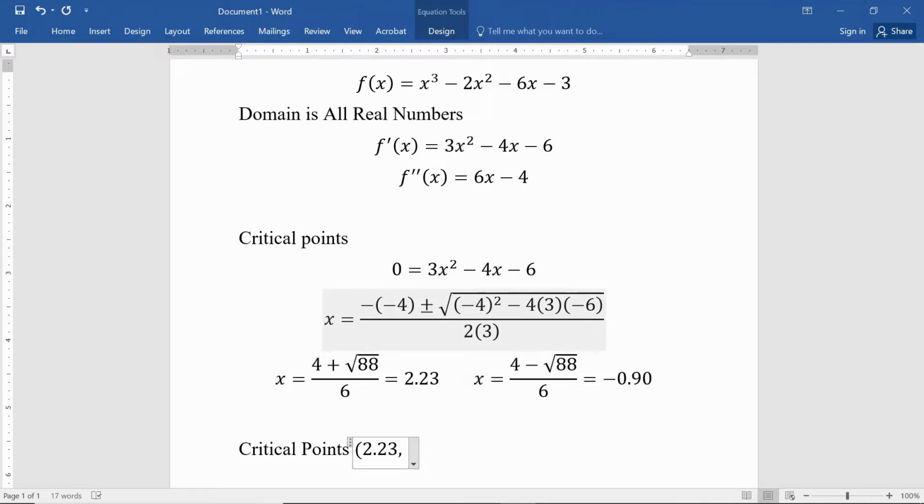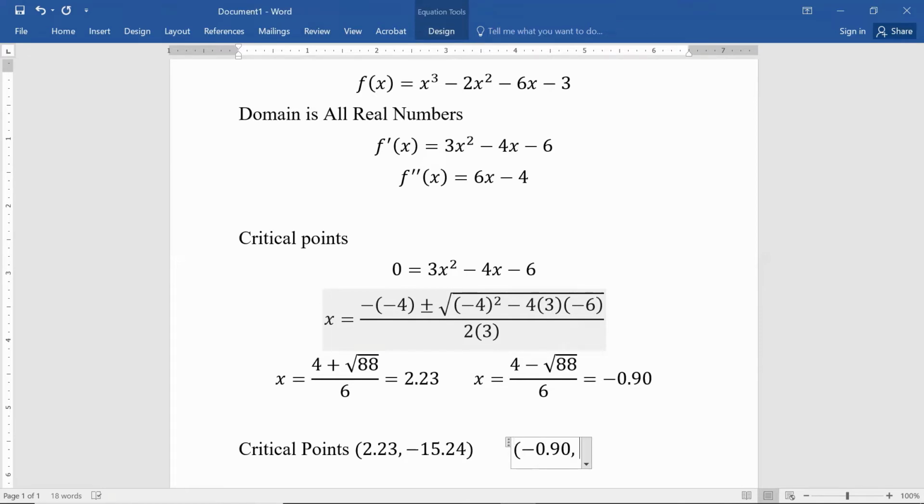So I'd plug 2.23 into my original function: 2.23 cubed minus 2 times 2.23 squared minus 6 times 2.23 minus 3. And again, output is approximately negative 15.24. Again, I'm rounding that to a couple of decimal places. So that's the first critical point. The second critical point is obviously negative 0.9.